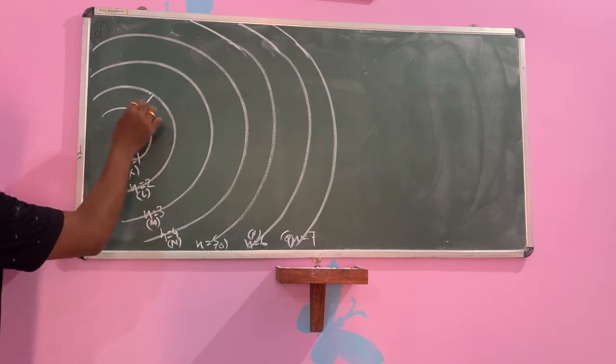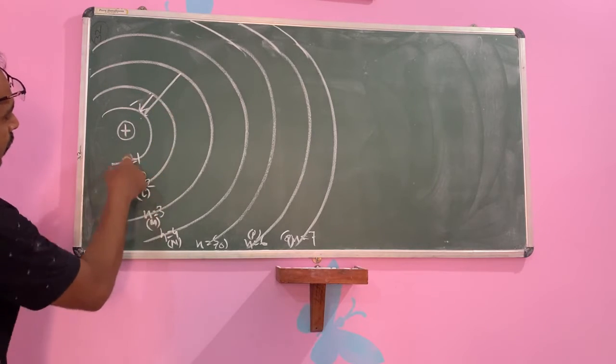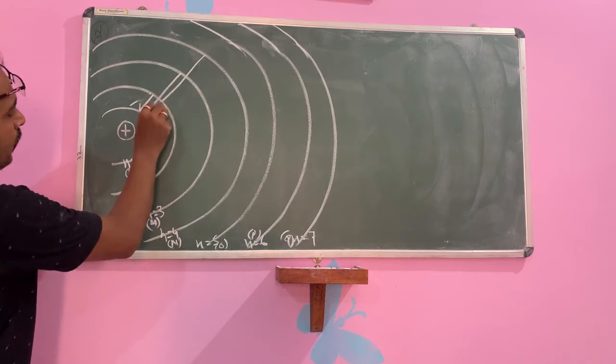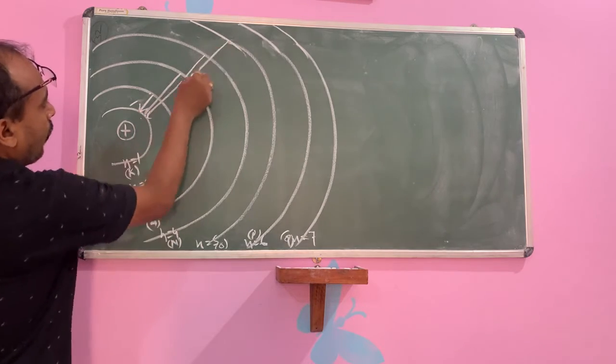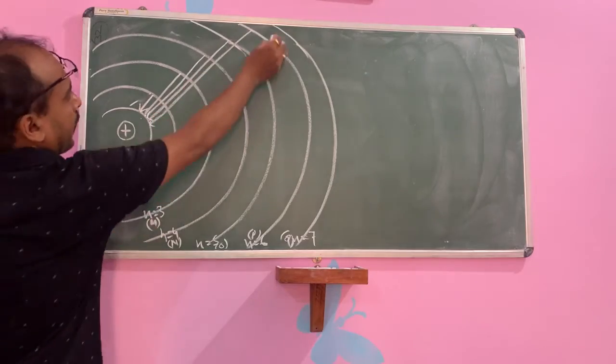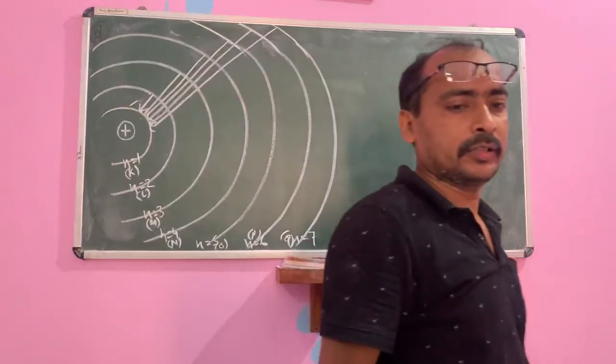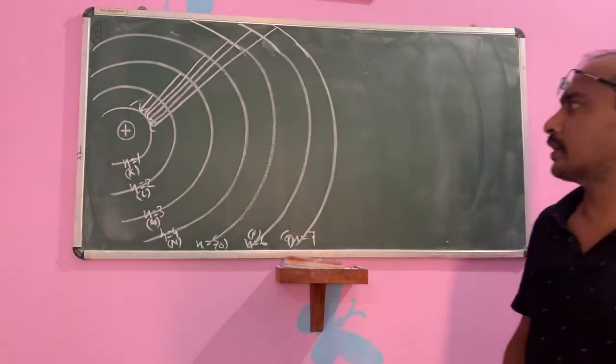L to K. Then similarly M to K, N to K, then O to K, like this. All to K. This is one series. This is one packet. This is one series, that is known as the Lyman series.